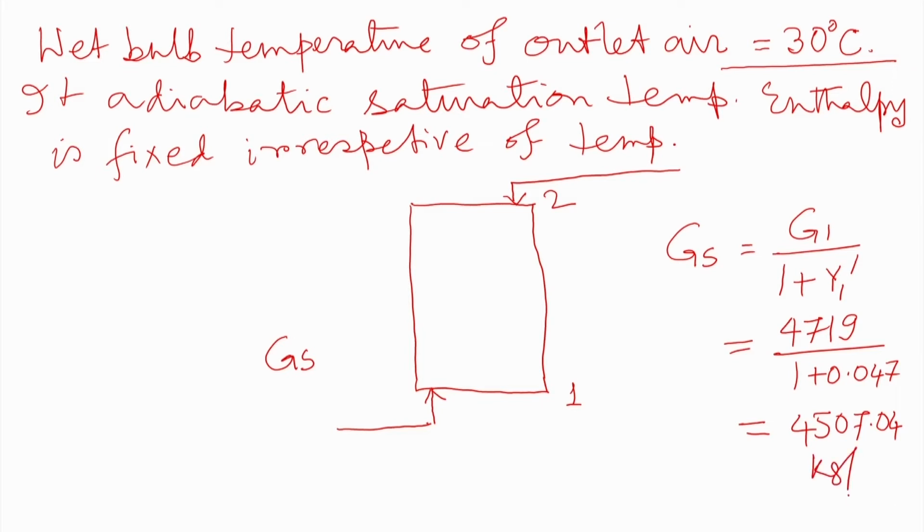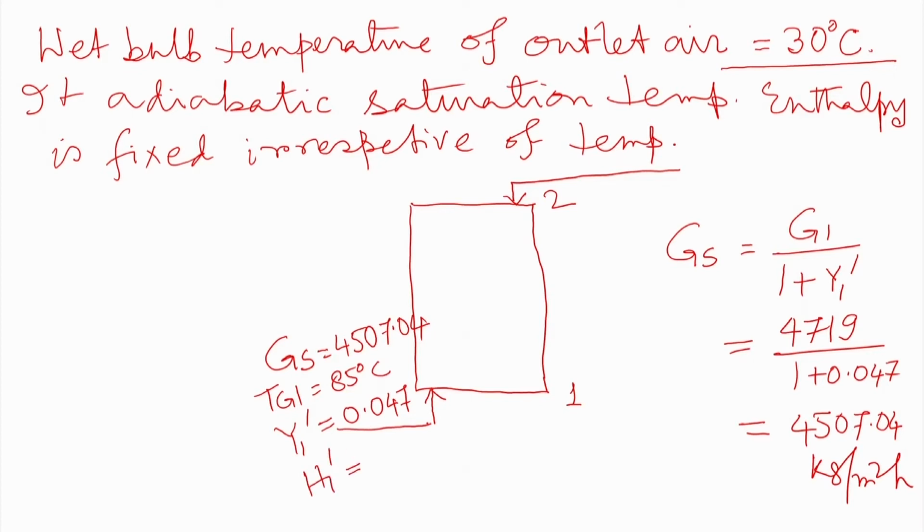So at the bottom, GS is 4507.04, Tg1 is given as 85 degrees Celsius, Y1 prime is obtained as 0.047 kg per kg dry air, and H1 prime, the enthalpy value, is obtained as 210 kilojoule per kg.